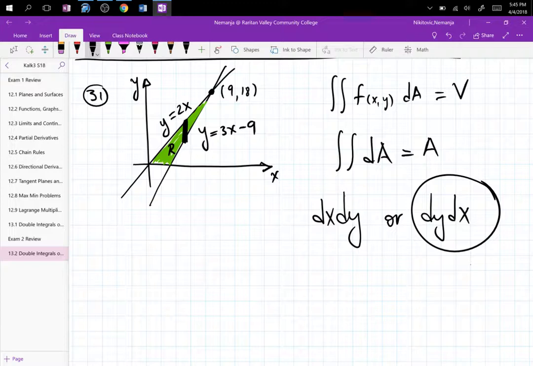Well, the top of this dx is always on 2x, that's good, but the bottom is not always on 3x minus 9. If I draw another dx right here, you see that the top is still 2x, but the bottom of that rectangle is on 0, which is a different function.